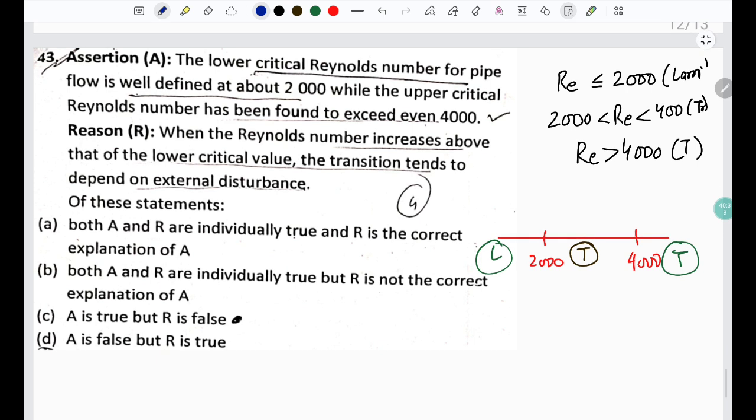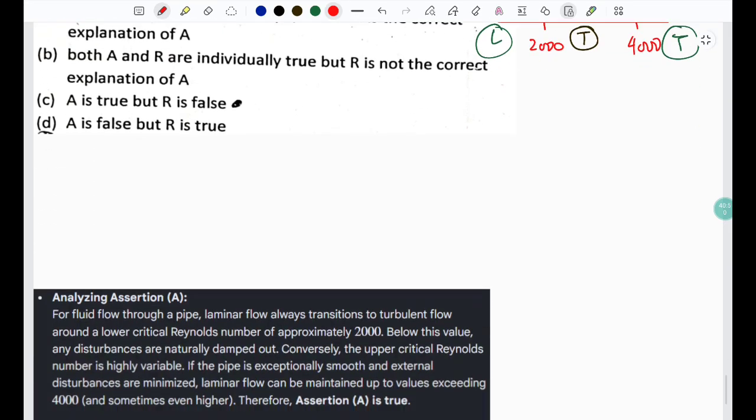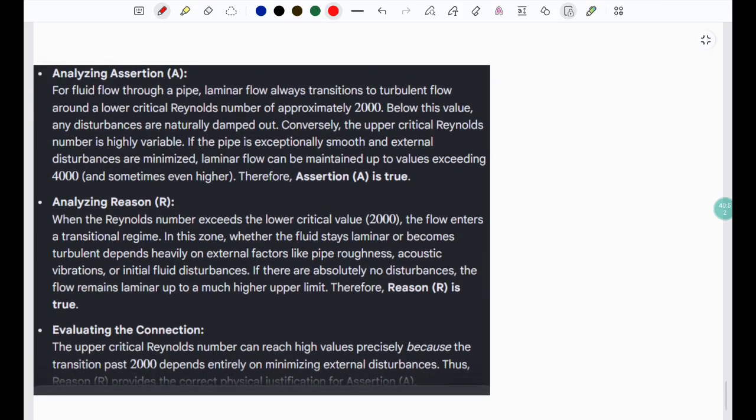Now since I was skeptical about the external disturbance, I chose reason as false, and I was somewhat confirmed about the assertion. But to my dismay, the concept behind the question was that for a fluid flow through a pipe, the laminar flow always transitions to turbulent flow around a lower critical Reynolds number of 2000.